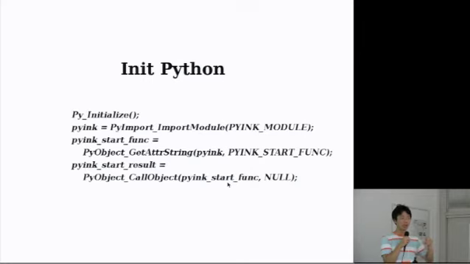We added a lot of hooks in Inkscape, so Inkscape will trigger the hook when some events happen. So we call the start function to do some initialization on the Python side.